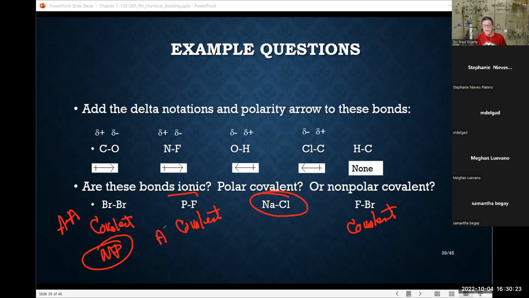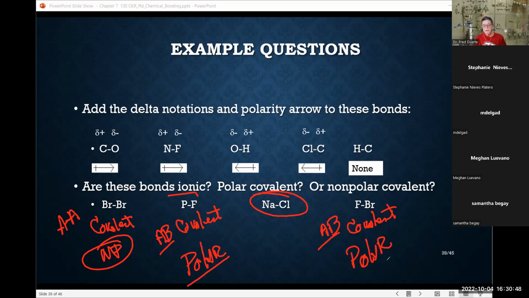That scenario is an AB scenario, which means automatically that's a polar bond. And we already talked about sodium chloride. And then again, we got fluoride and bromide. That scenario is an AB scenario. So that also tells you that it is a polar bond.